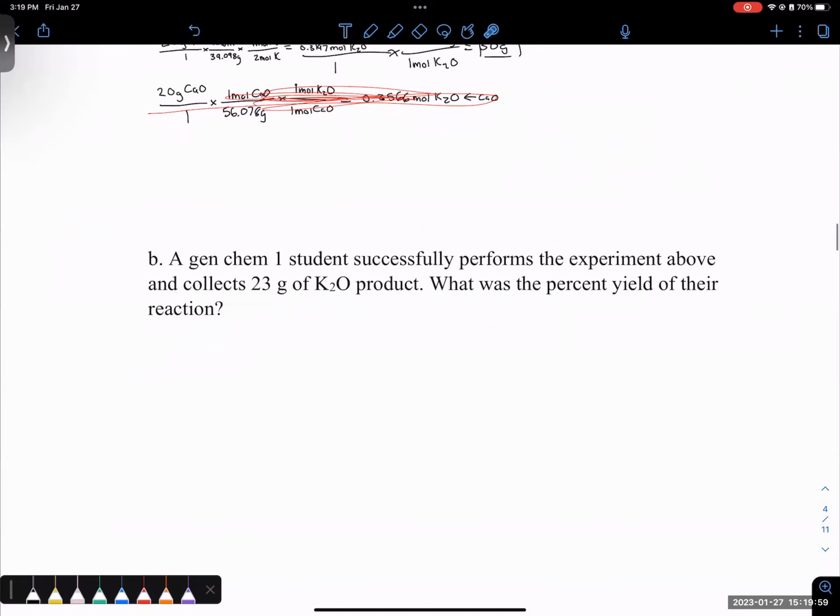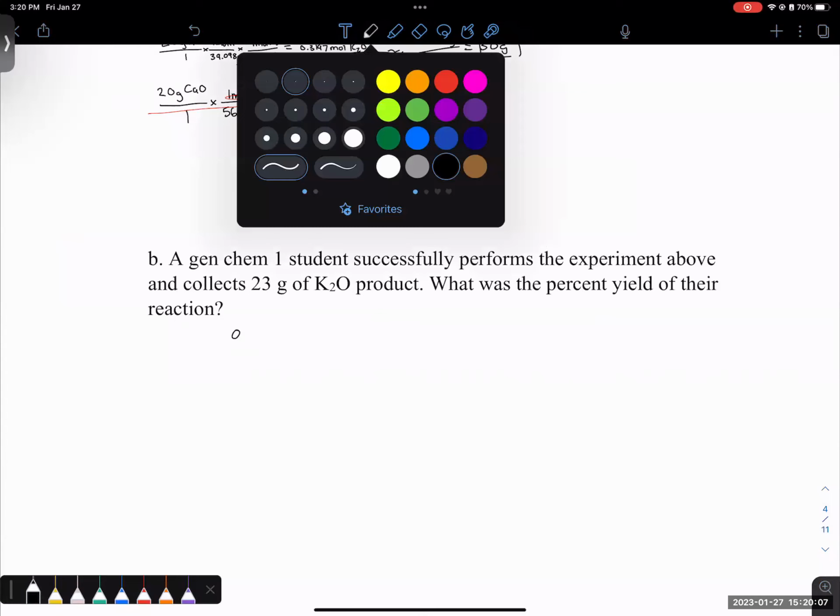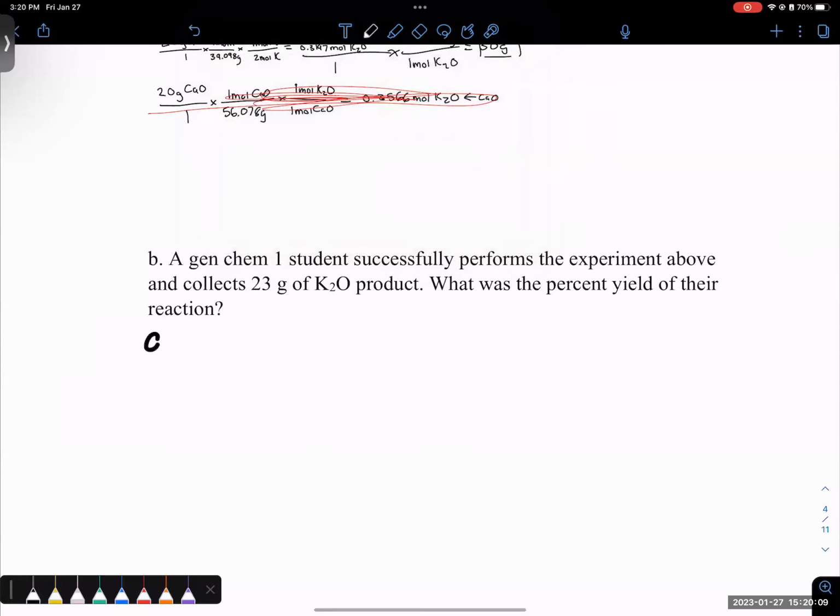Anyways, Palladius says it's actual over theoretical, which is true. So percent yield equals actual over theoretical times 100. So what was our actual yield? 23, right? That's what the student got in lab.